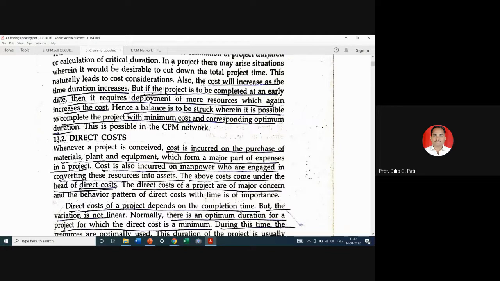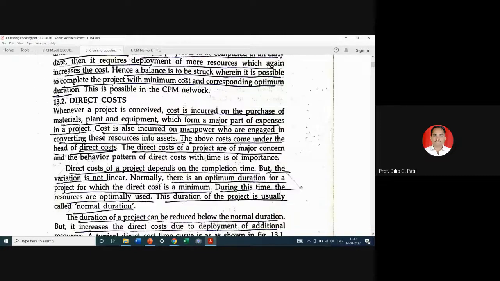Then we will see the cost slope and what are the steps to crash the particular project network. That is very interesting, a little lengthy process, but it is very easy to understand if we perform all these operations in a sequential or in the particular given direction.